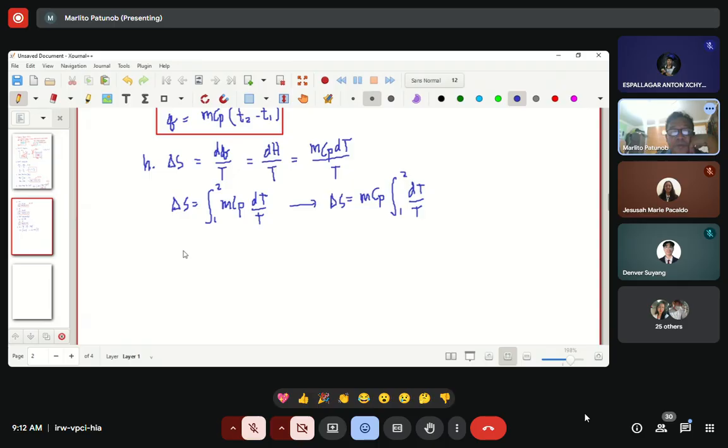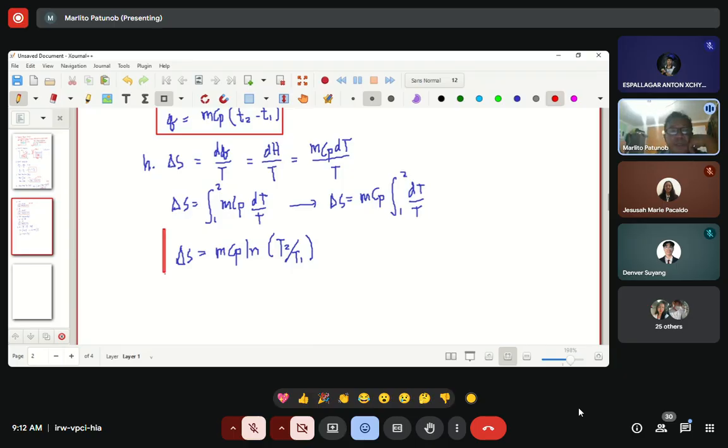So your delta S is now m Cp ln (T2 over T1).